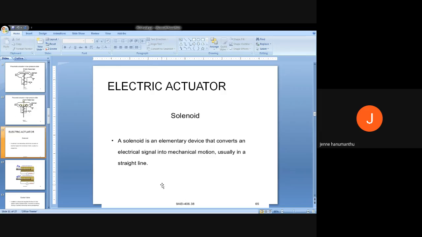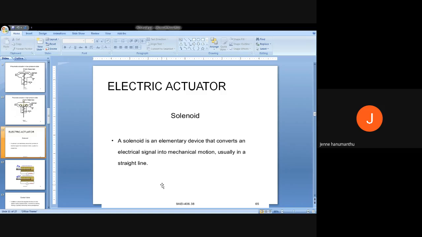An electrical actuator is a mechanism which converts electrical input into mechanical action. Simply, the electric actuator accepts electrical signals as inputs and gives the mechanism or action in terms of mechanical motion.